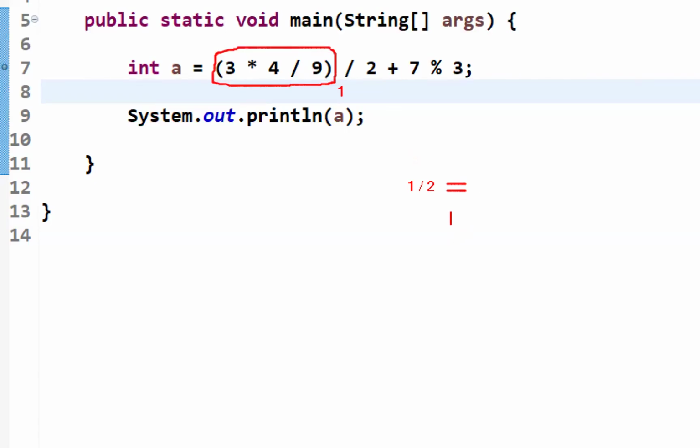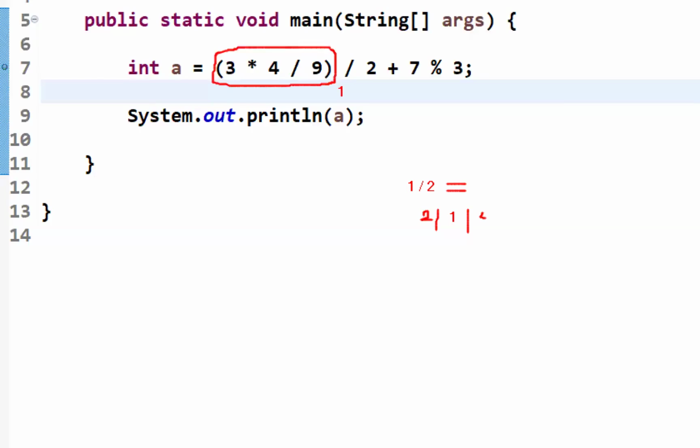You have to calculate like this. Write 1, take 2 outside, and 2 zeros 0.